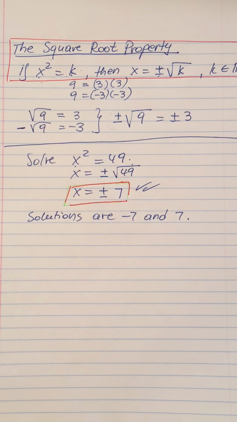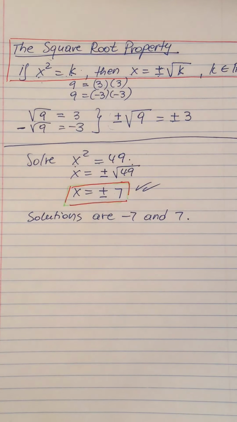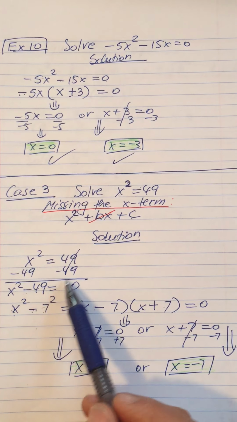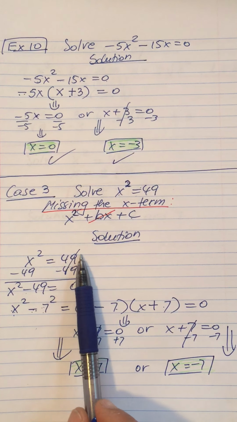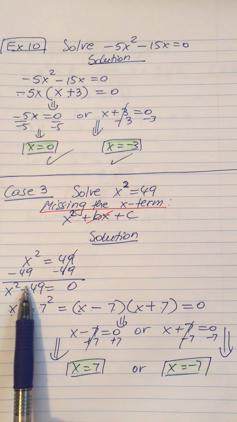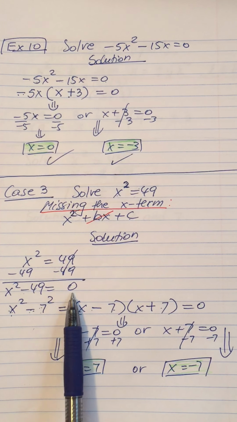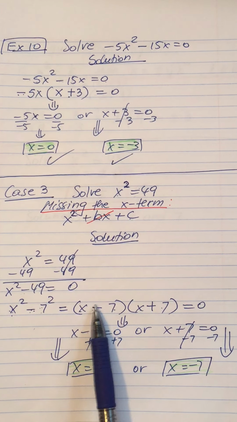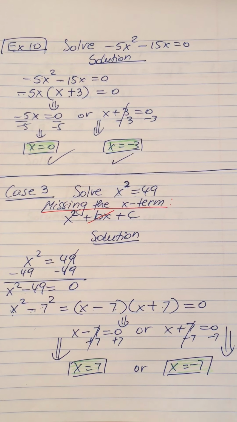Now let me go back and see how much time we saved by using this property. To use factoring, we need 0 on one side. So we subtracted 49 in order to have all the terms of our equation on one side. Then we used the formula to factor a difference of squares, set each factor equal to 0, and got two solutions, negative 7 and positive 7.